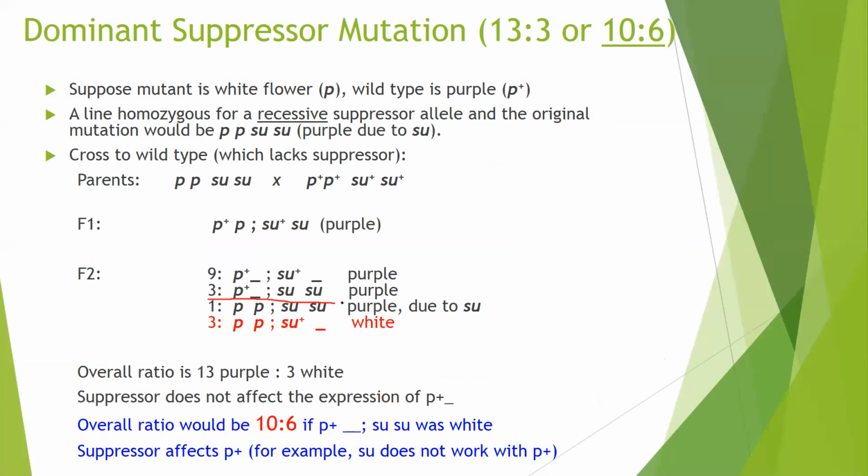How can this be white? First, if this is white, then this will give us this ratio. So how can this be?